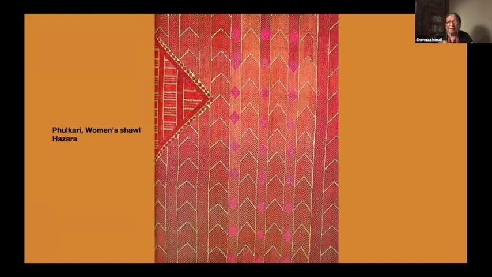The triangle denotes the area where the shawl covers the head, because the pulkari, the chadar, is always worn on the head, or held by four people as a shelter for the bride when she is leaving her home.